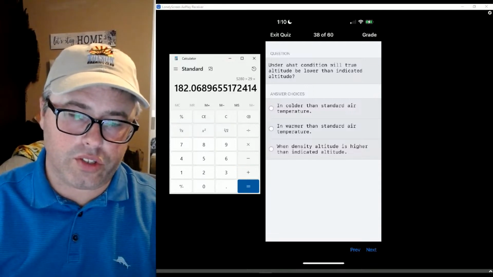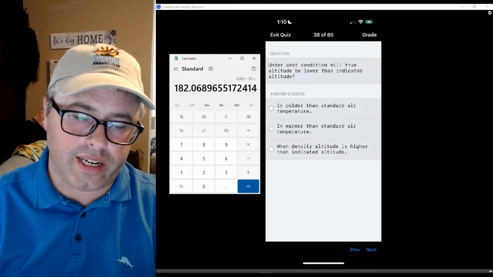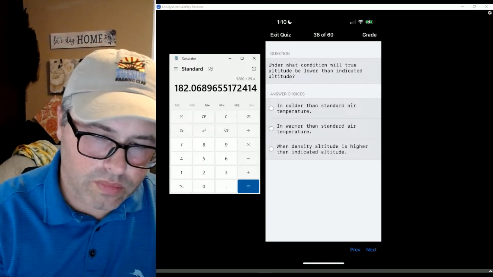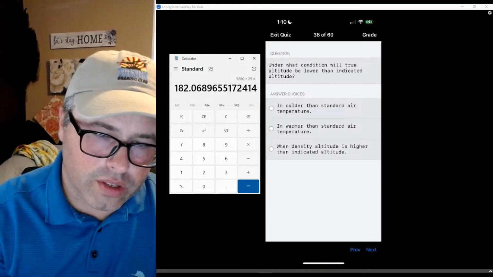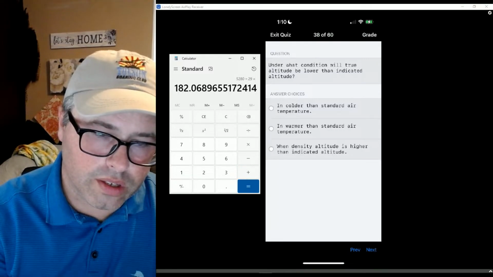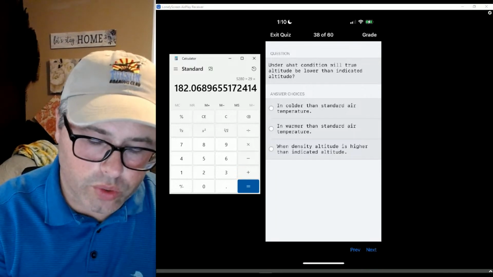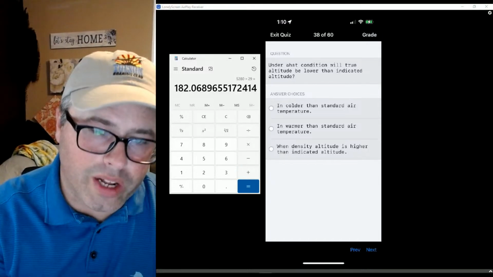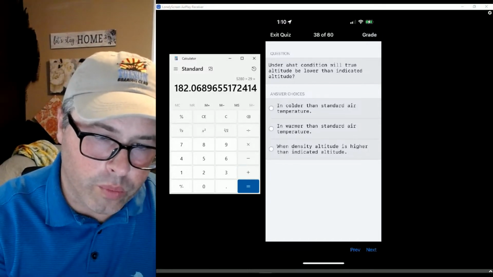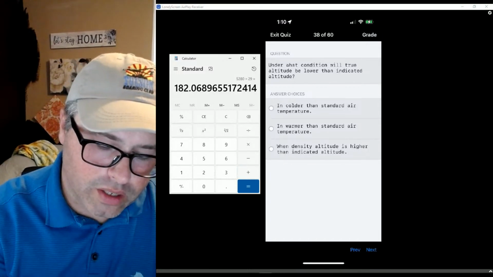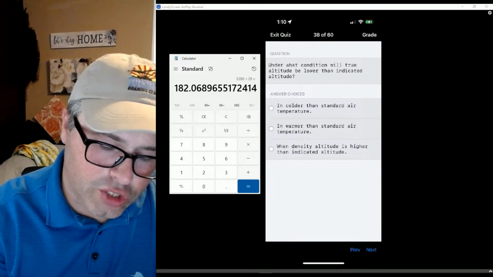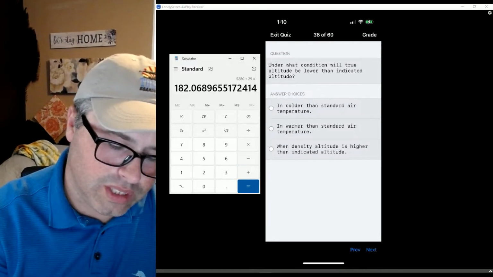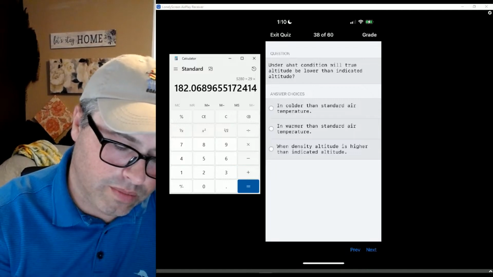The density altitude is higher than the indicated altitude. I like to write, will the true altitude, your actual altitude, be lower than what's indicated?